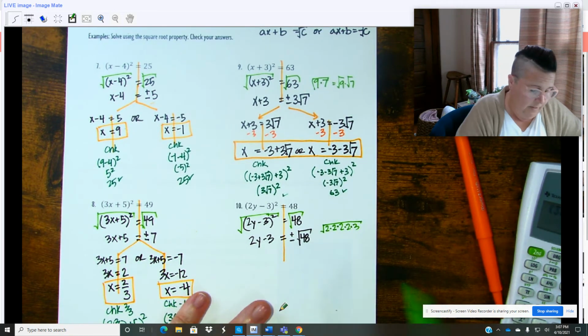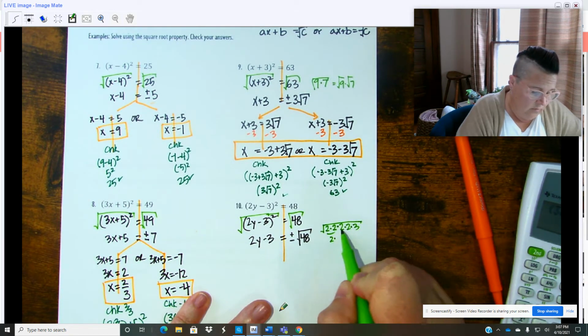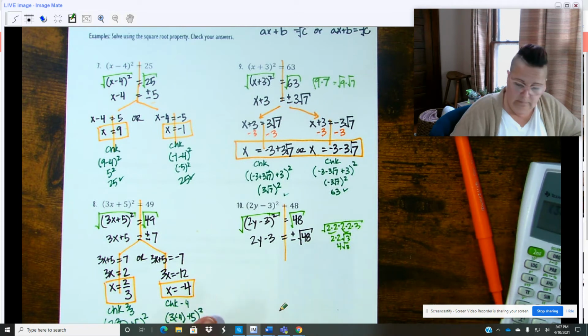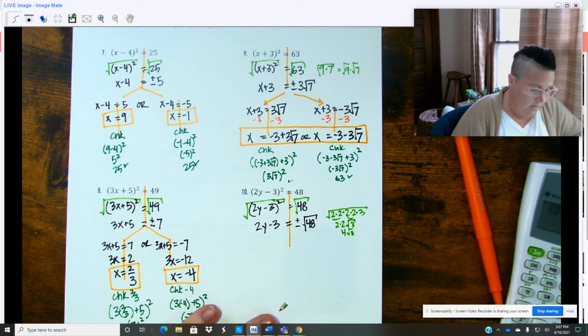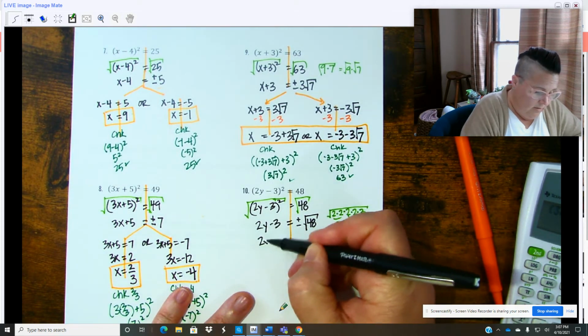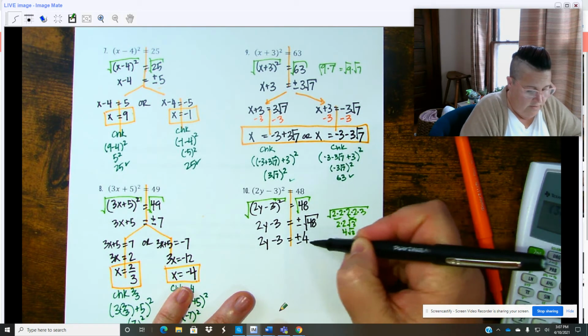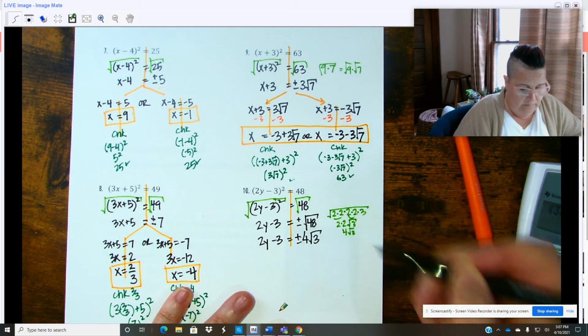So pulling out my pairs, that 2 can come out. That second 2 can come out, and I have a square root of 3, so this is 4 square roots of 3. Okay. So 2y minus 3 is a plus or minus 4 square root of 3.